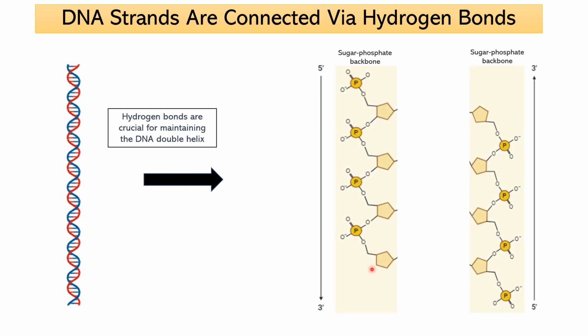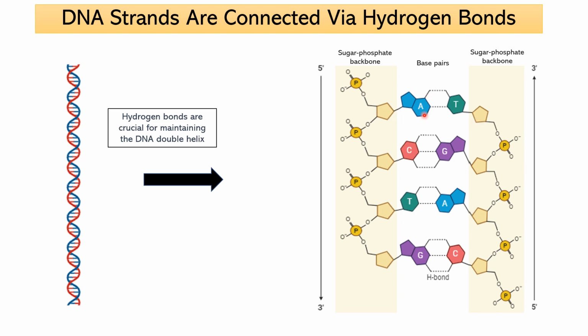This is the sugar phosphate backbone: this is the sugar group and this is the phosphate group. What we have in the middle is the nucleobases, and these dotted lines represent the hydrogen bonds. As we can see, between adenine and thymine there are two hydrogen bonds, and between cytosine and guanine there are three hydrogen bonds. The presence of these hydrogen bonds is essential to maintain this double helix structure.